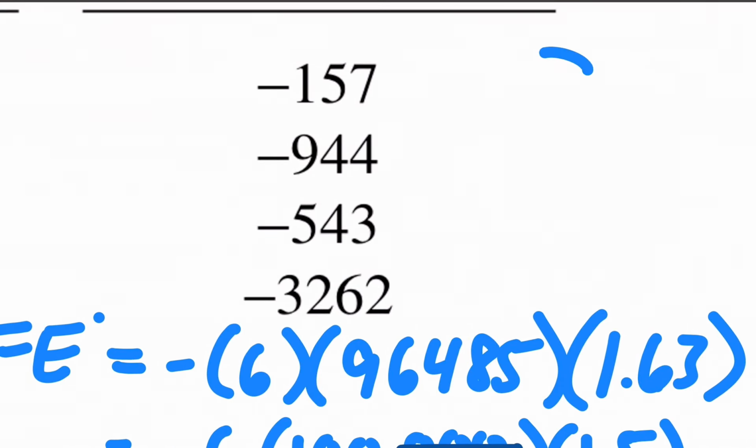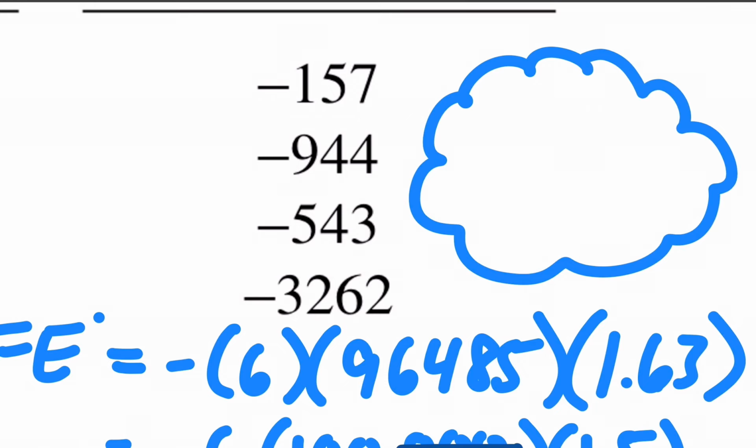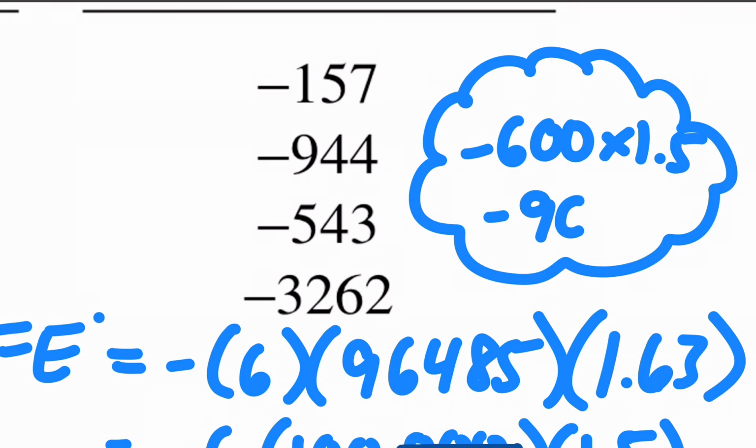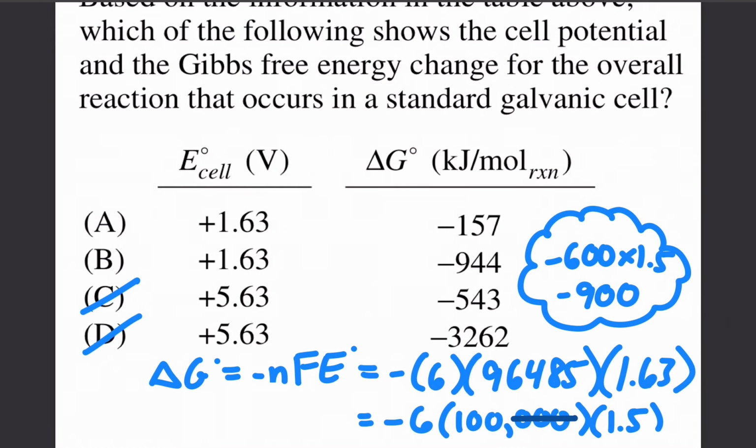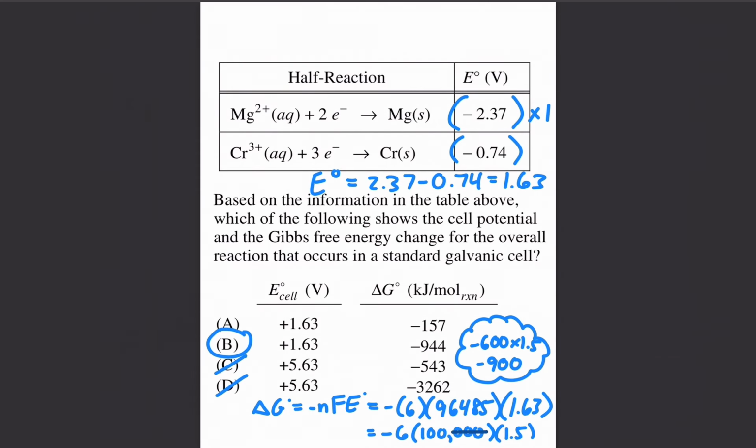So I'm trying to calculate more or less in my head negative 600 times 1.5. Well, that's about negative 900 or so. So between the remaining choices, A and B, I can safely conclude that it's B, just based on rounding. So that's how they might assess us with this on the written AP exam.